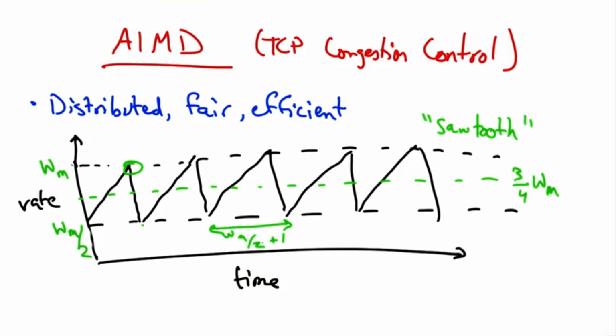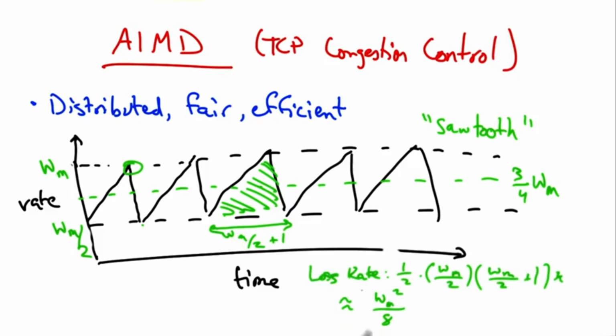Now, given that rate, we can compute the number of packets between periods of packet loss and compute the loss rate from this. The number of packets sent for every packet lost is the area of this triangle. So the loss rate is on the order of the square of the maximum window divided by some constant.